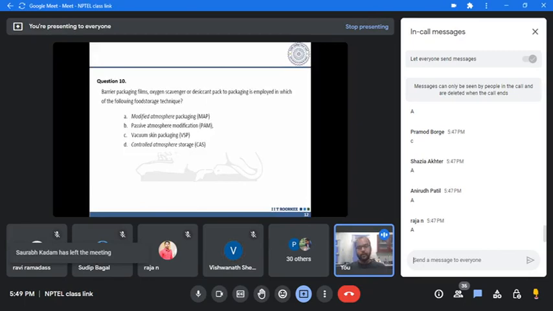In combination, they are used to protect your food product, like fruits and vegetables, for a longer time. So the answer is modified atmosphere packaging. Those who have answered option A were right.